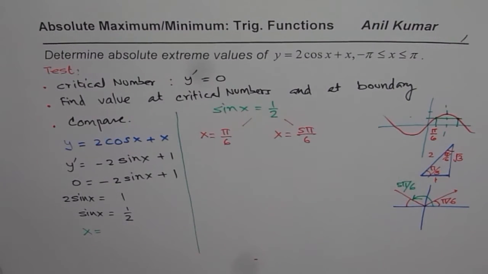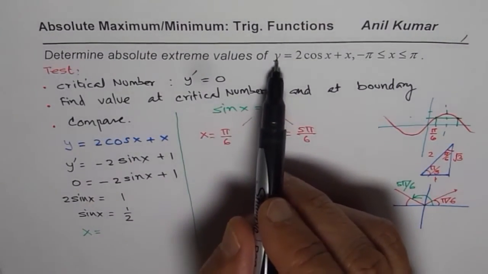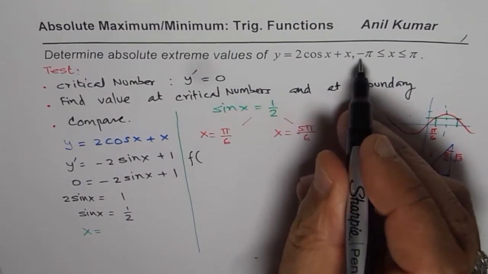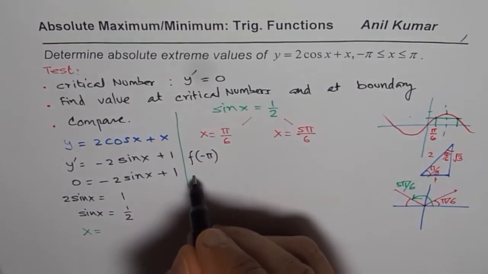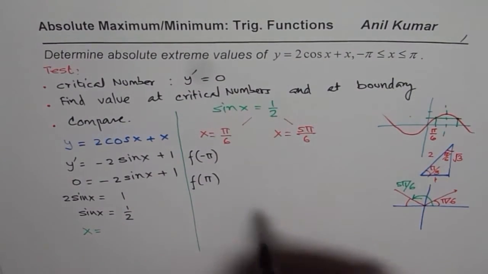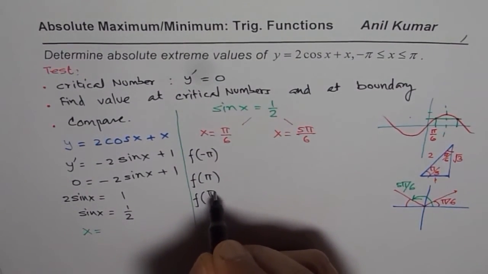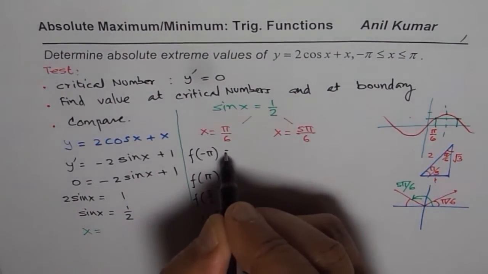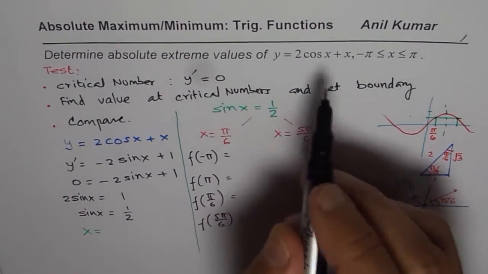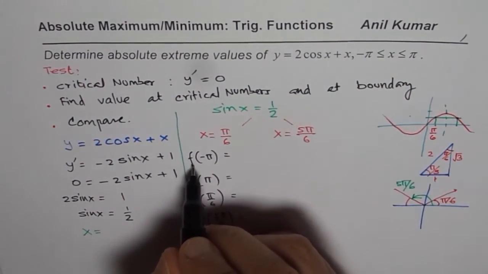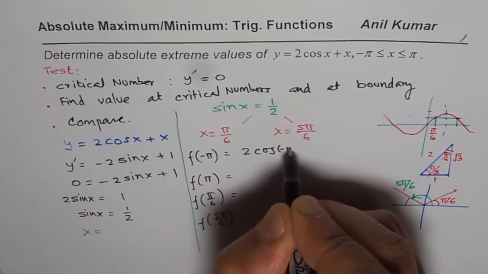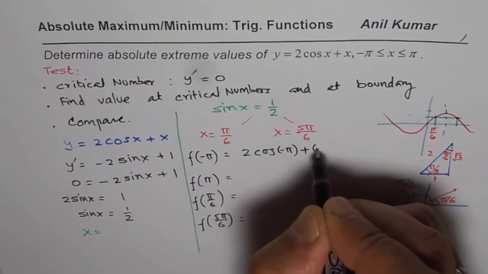Now, we know that these are our critical numbers. Let us evaluate the value of the function at these points, correct? We'll evaluate the value of the function at minus pi, at plus pi, and also at pi by 6 and at 5 pi by 6. Evaluating means substituting this value here. So first, for minus pi you write 2 cos of minus pi plus minus pi.